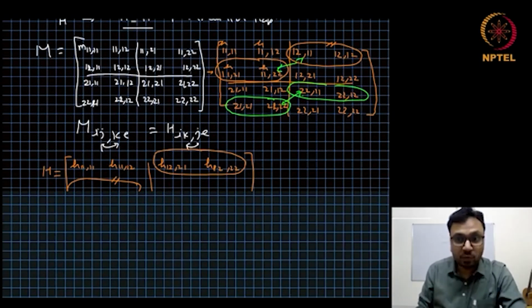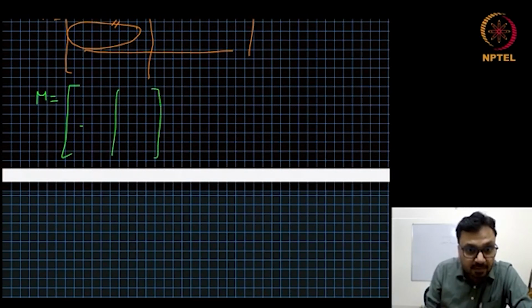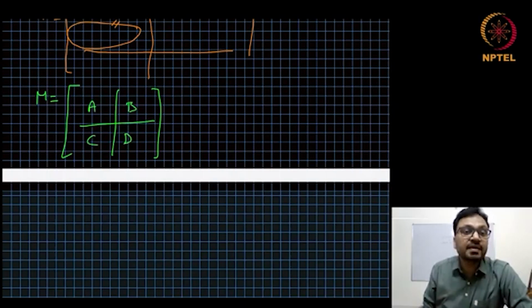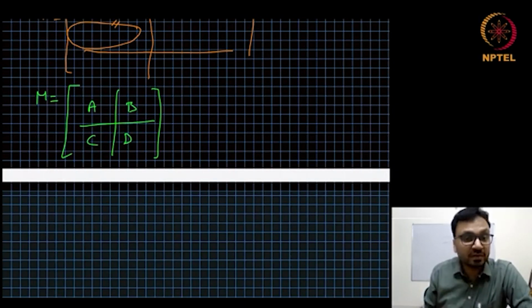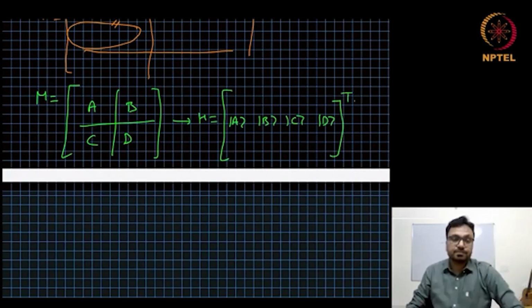So M is a 4 by 4 matrix with A, B, C, D being 4 2 by 2 matrices. That will go to H, which will be A vector, B vector, C vector, D vector, and the transpose.